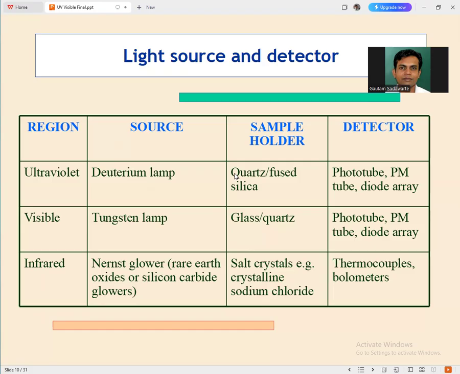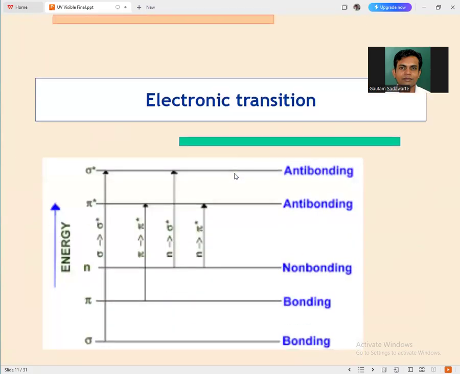Next is infrared, in which rare earth oxide or silicon carbide is used as the light source, salt crystal generally as the sample holder, and a thermocouple as the detector.